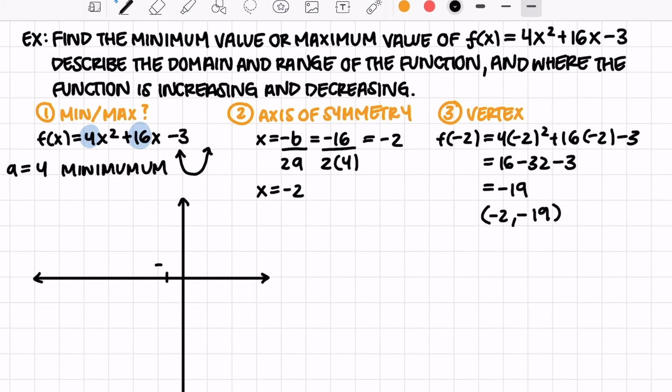Let's say that this is -2, -19 is all the way down here. Then our vertex would be right there. Since we do have a minimum value, we said that our graph is going to be a happy face. So I'm just going to move my graph up like this. And from here, we can identify also what our axis of symmetry is, which is x is equal to -2.